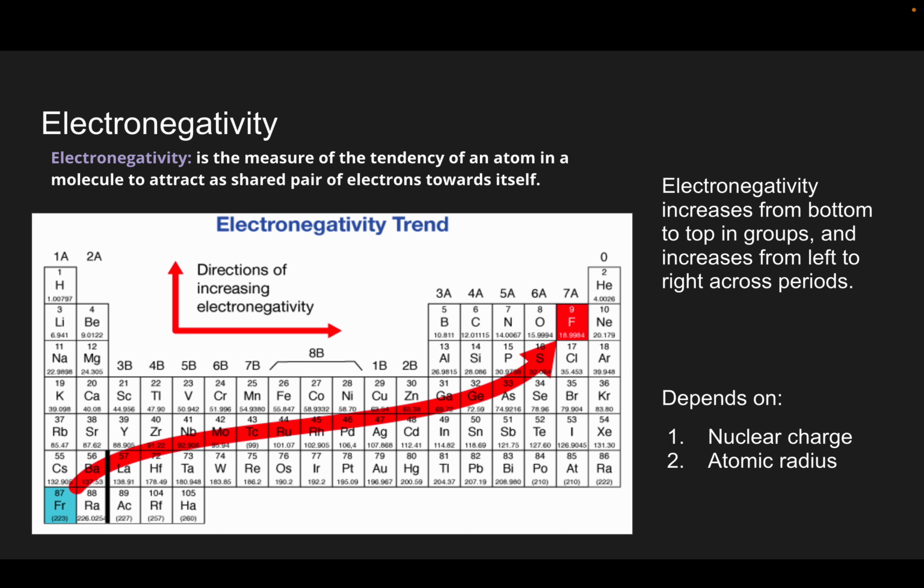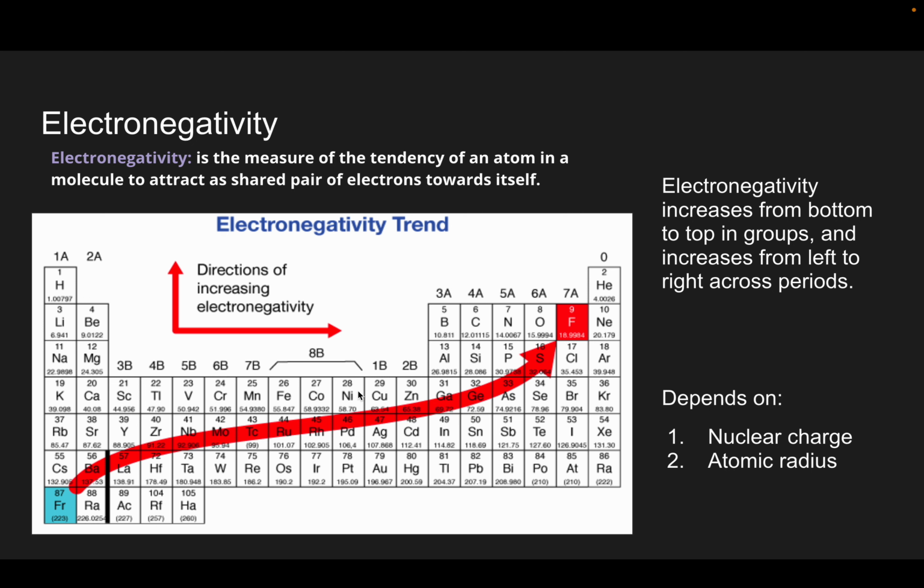And as you can see on these pictures, the electronegativity increases as you go up in the group, and it increases from the left to the right.